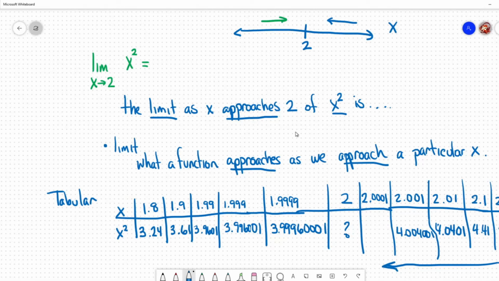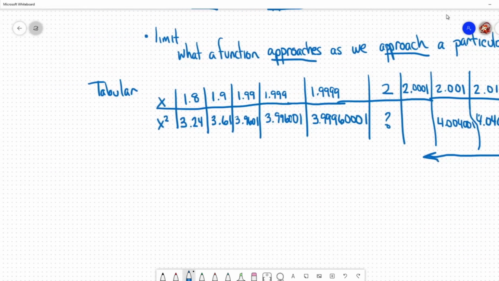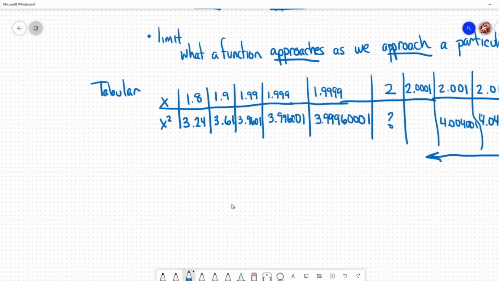So when we evaluate a limit, we have to get to a consensus as we approach from both sides. A limit exists, and I'm going to put here, quote unquote, "exists." That's a key term.